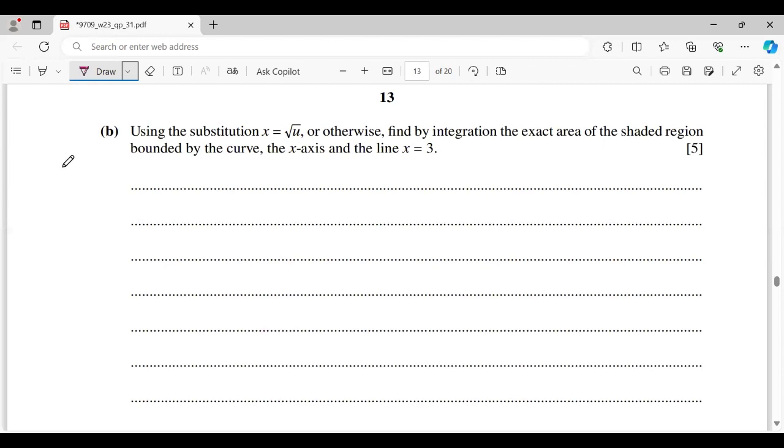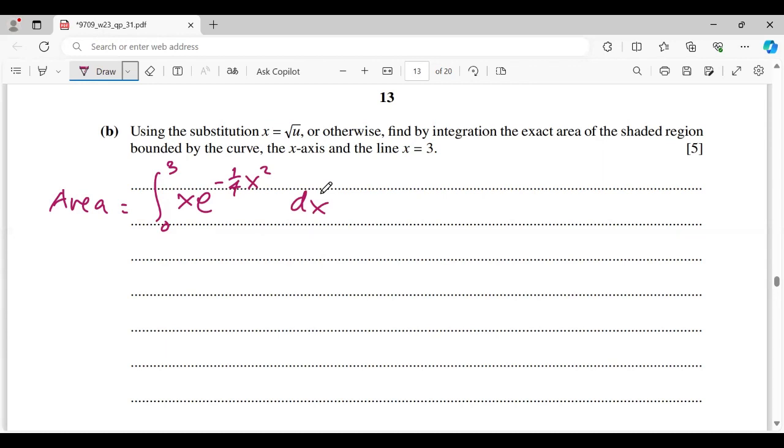Okay, so area equals integral 0 to 3 of x e power minus a quarter x squared dx.